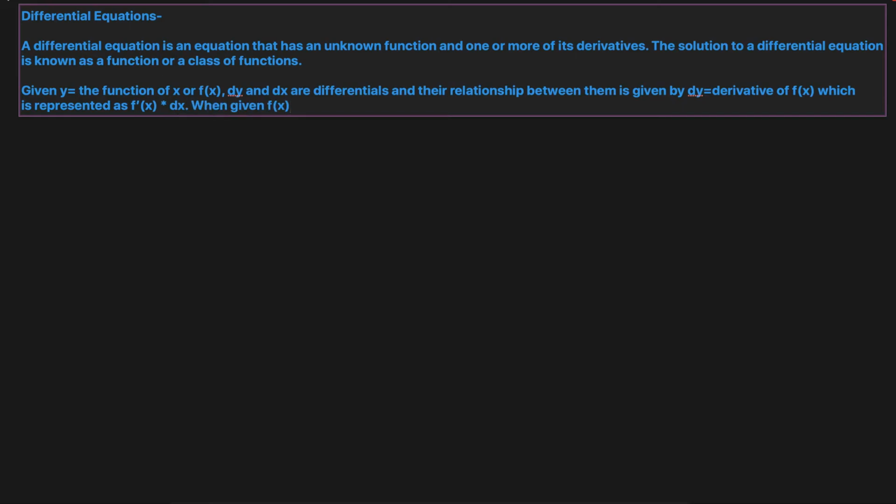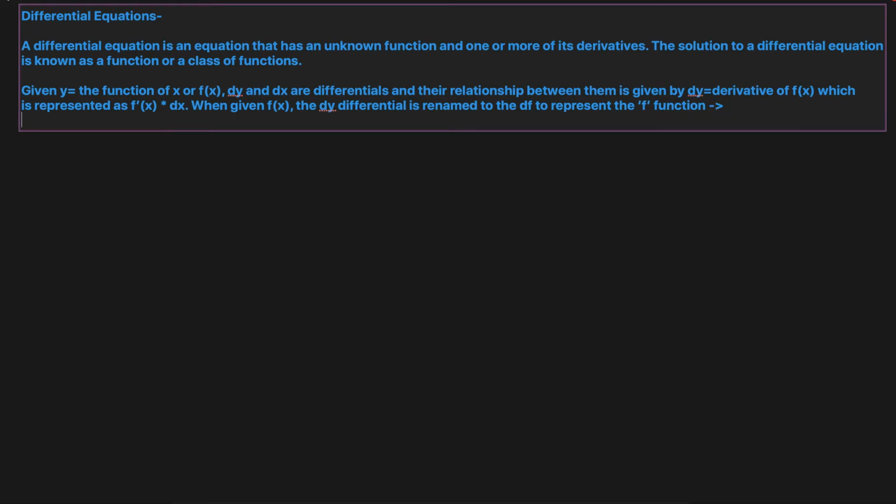Given y equals a function of x, or f(x), dy and dx are both differentials, and the relationship between them is given by dy equals the derivative of f(x), which is represented as f prime of x, times dx.